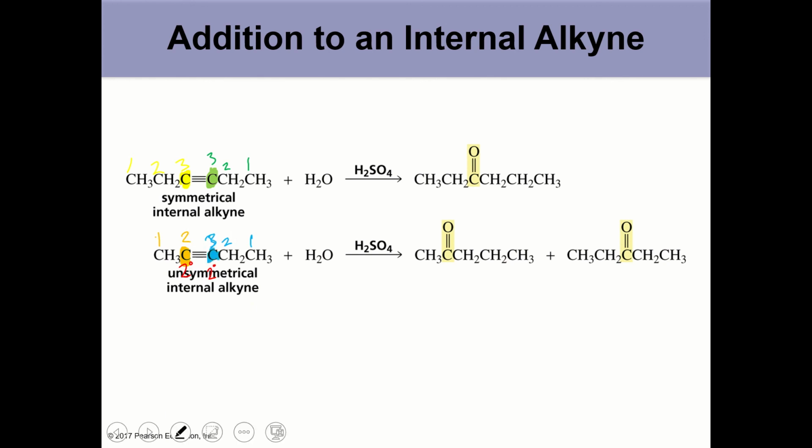Okay, there we go. So we get the 3-carbon ketone and the ketone with the double bond O at carbon 2. So those are our 2 ketones because the internal alkyne is unsymmetric.